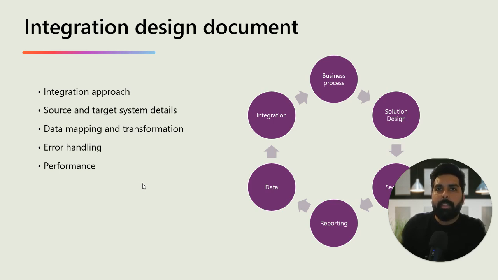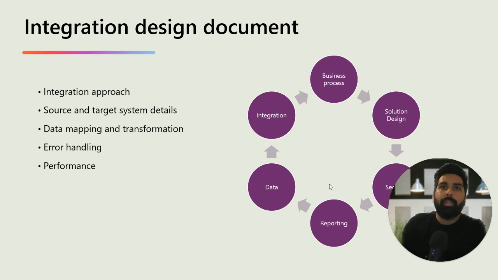Like what your integration approach is going to be, whether it is going to be synchronous, asynchronous, API based, data call, or logic app, what type of integration approach you are going to have. Then you also need to understand the source and target system details, like where the exchange of the data is going to happen.